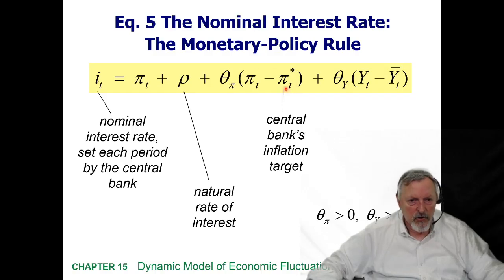So this is a measure of how far inflation is away from what the Fed wants it to be. This is the output gap, how far current output is from the long-run natural rate of output.